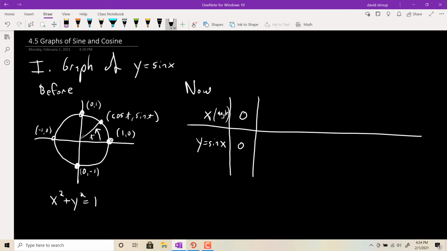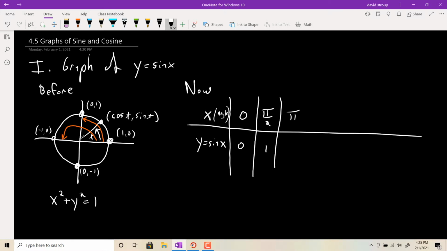Let's now rotate up to 90 degrees. I'm just going to rotate around the circle to here, pi over 2, or 90 degrees. At pi over 2, the y-coordinate becomes 1. Then let's rotate around to pi, over to here.